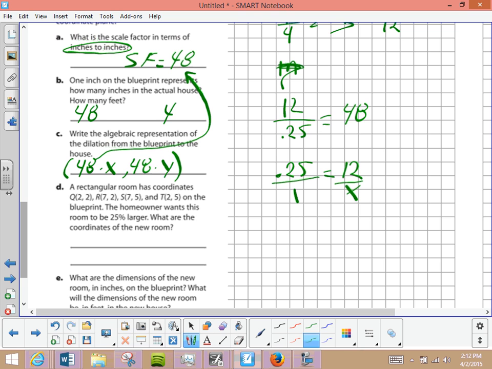All right. A rectangular room has coordinates on the blueprint. Careful. We're talking about the room now, not the whole house. The homeowner wants this room to be 25% larger. What are the coordinates of the new room?